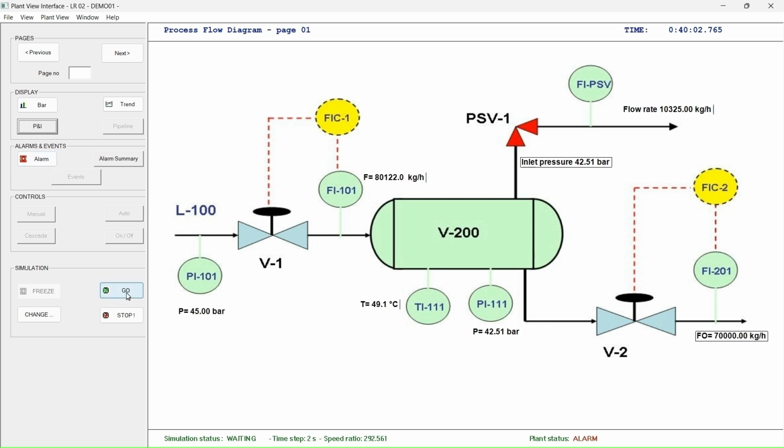At time 40 minutes, a look at the PNI page is given. The simulation is continued for up to 1 hour and 20 minutes.